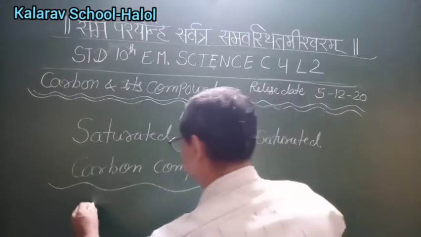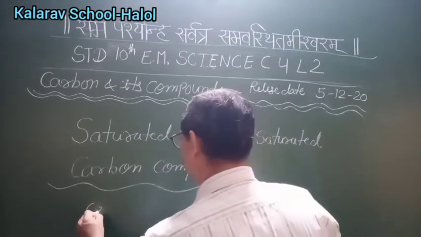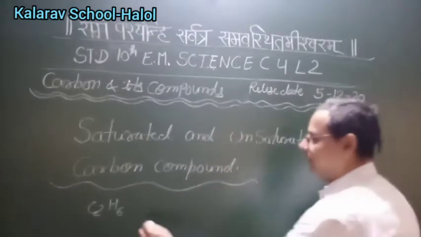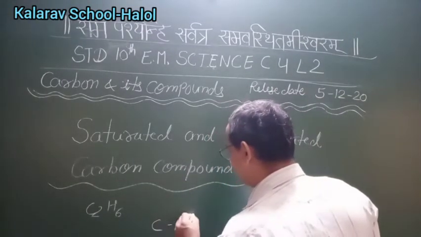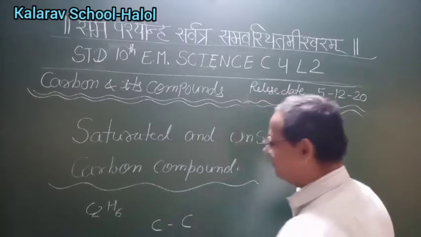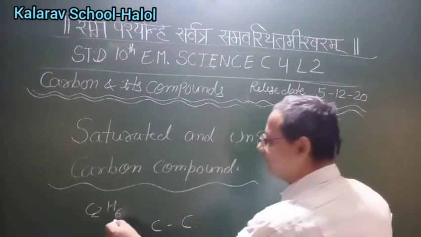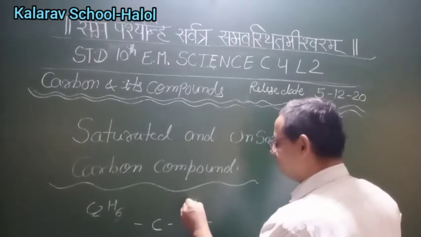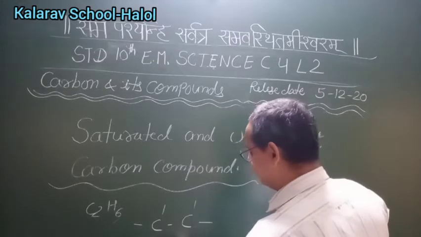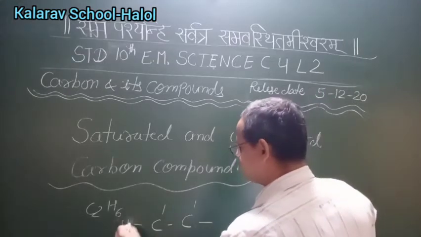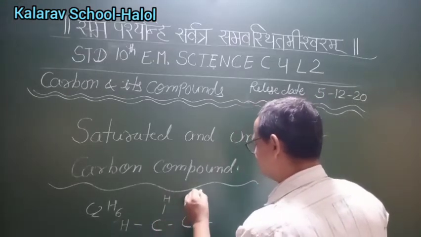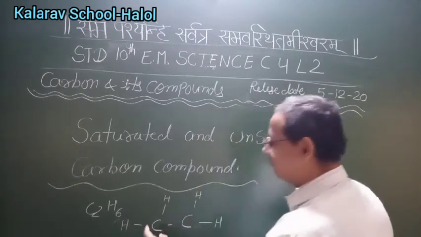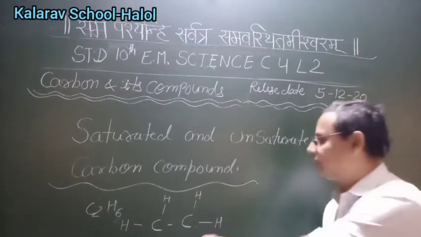Basically, it is C2H6. It means there is carbon and carbon, with a single bond between carbon and carbon. Now, how many atoms of hydrogen are there? Six: 1, 2, 3, 4, 5, 6. H, H, H, H, H and H. So ethane makes this kind of structure.